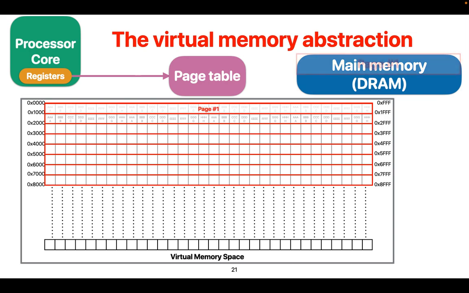But here's the thing, for every data that you are accessing, similar to the cache, right? Previously we said, even though I just want 1 byte of data within a block, I load the whole block. Similar here, even though I just want 1 byte within the page, I'm going to load the whole page into the main memory, because the main memory can only store your data on a page basis.